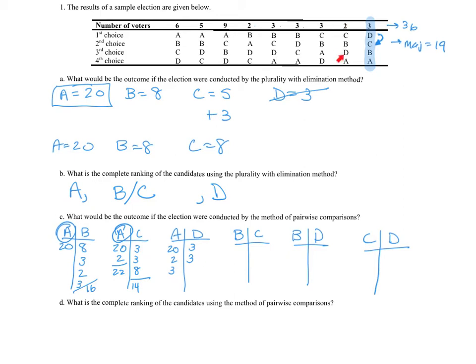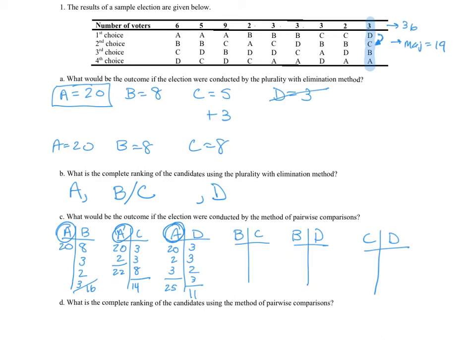D is ranked higher than A, 2 votes to D. And the final column, D is ranked higher than A, so we give 3 votes to D. So that ends up 25 to 3, 6, 8, 11. So that means A wins that matchup.